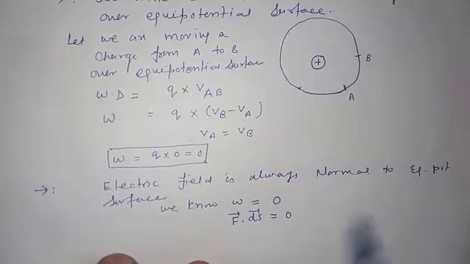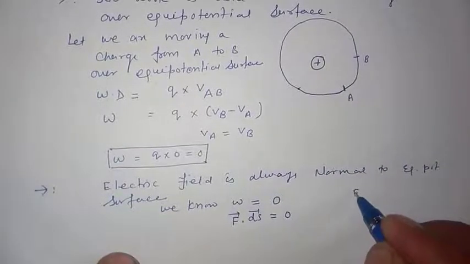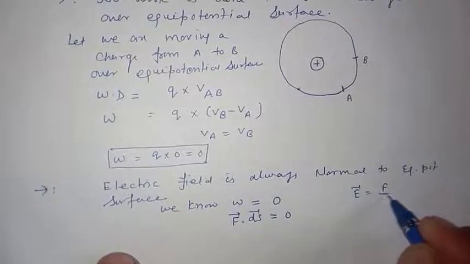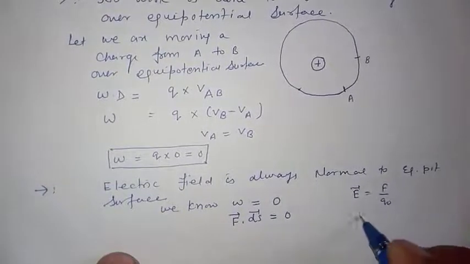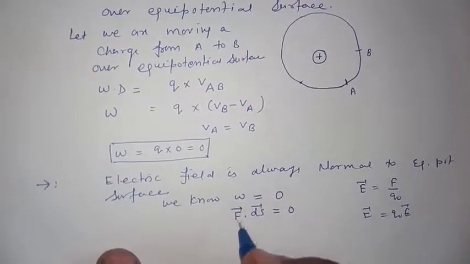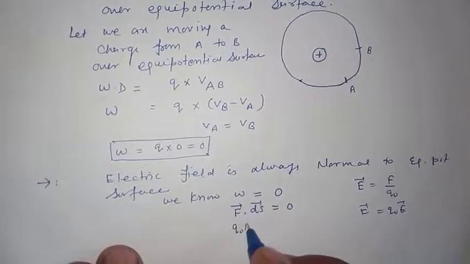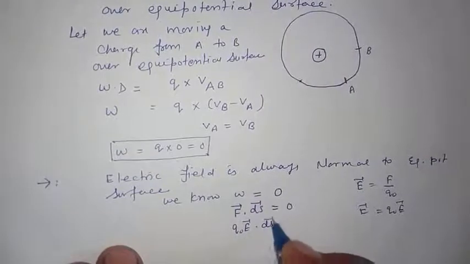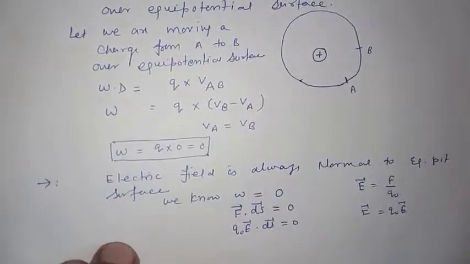Now what is force? Force, from the electric field, is force per unit test charge. So F equal to what? Q naught E. So put the value of F: Q naught E dot ds equal to 0.